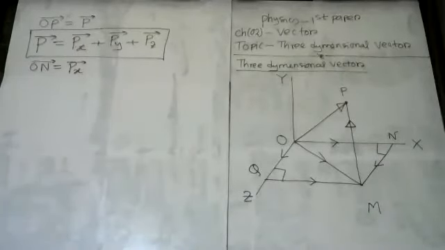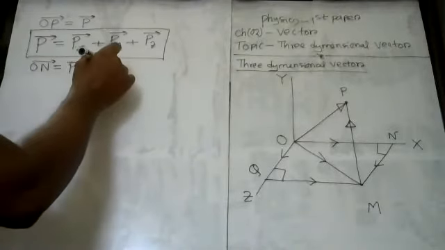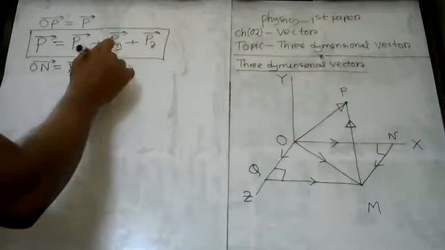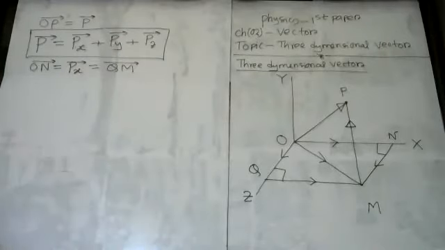Now you can apply the concept of a parallelogram, that is OQMN is a parallelogram. So in this parallelogram, ON will be equal to QM. So ON, equal to Px, the x component of the vector, will be equal to QM.